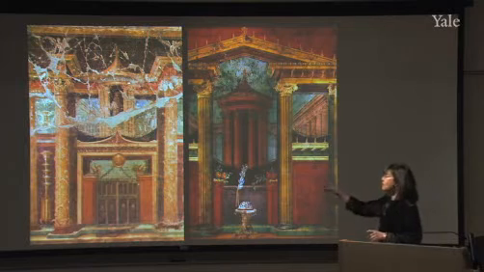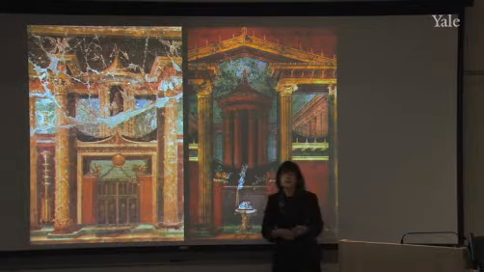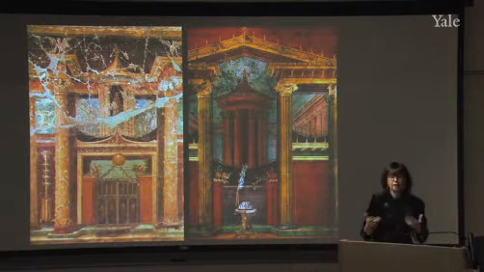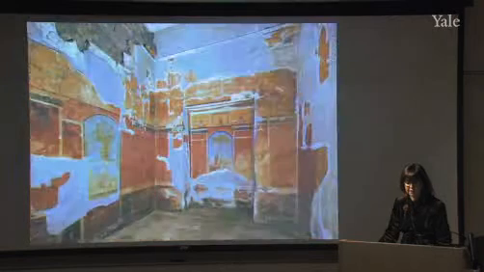So what we see in second style at Oplontis is very similar to what we saw at Boscoreale and also at Pompeii at Cubiculum 16 of the Villa of the Mysteries.